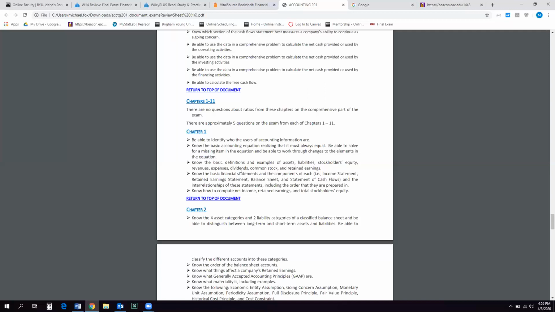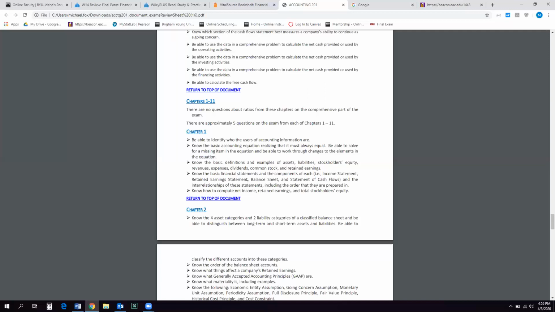Stockholders' equity is made up of really our common stock, that's money contributed by the stockholders, and our retained earnings. And then our retained earnings is made up of our net income, revenue minus expenses, less any dividends that we pay out. So that's the basic definitions.